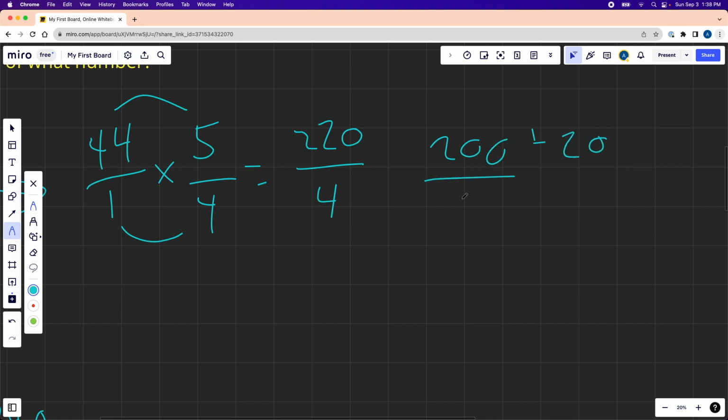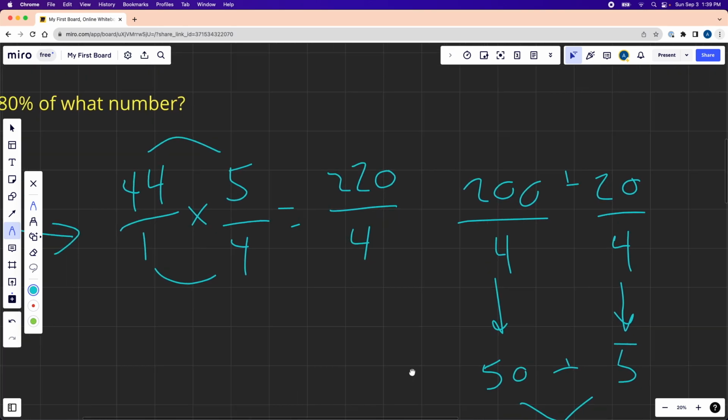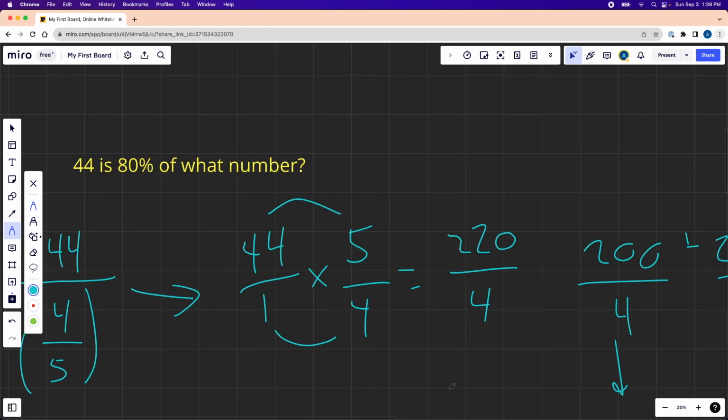So 200 over 4 and 20 over 4. Well, I know 20 divided by 4 is 5. And then 200 divided by 4, well, if 20 divided by 4 is 5, 200 divided by 4 will be 50. So I just add those together, and that gives me 55 there. So again, both ways I can derive the same answer of getting 44 is 80% of 55.